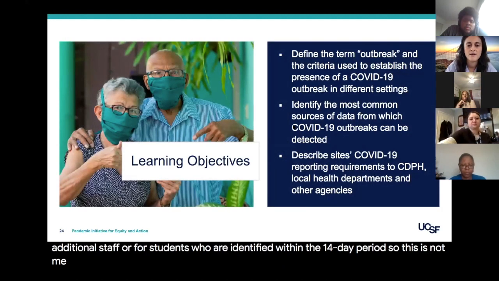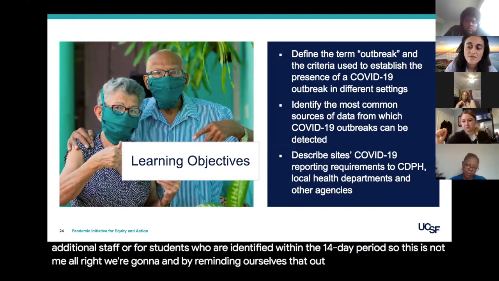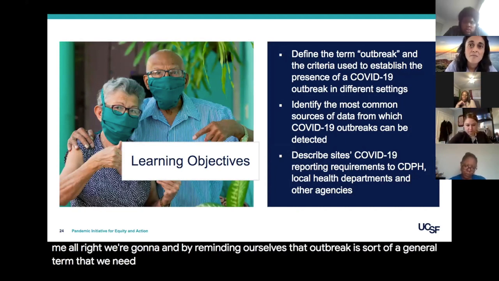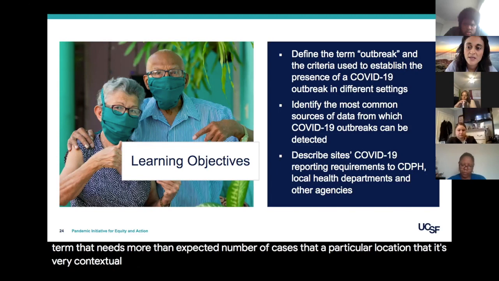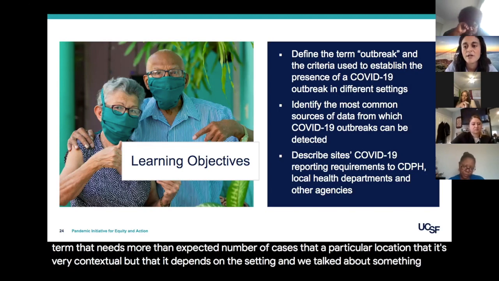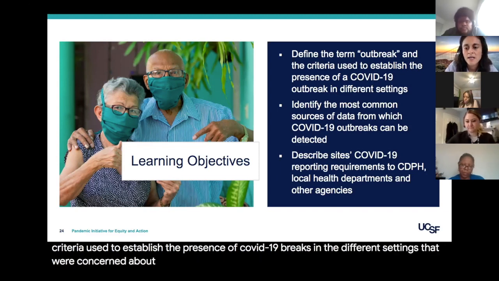Great. All right. So we're going to end by reminding ourselves that outbreak is a general term that means more than an expected number of cases at a particular location, that it's very contextual, that it depends on the setting, and we talked about some of the criteria used to establish the presence of COVID-19 outbreaks in the different settings that we're concerned about.